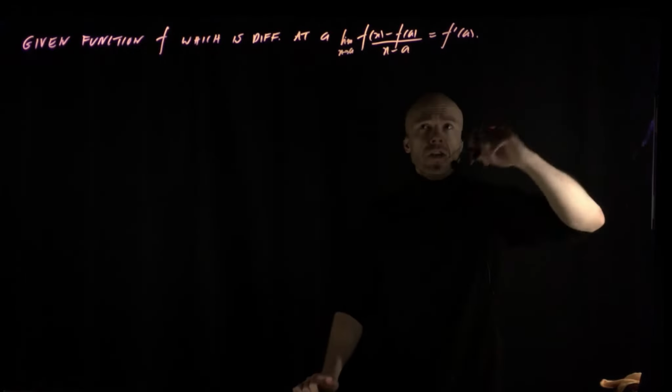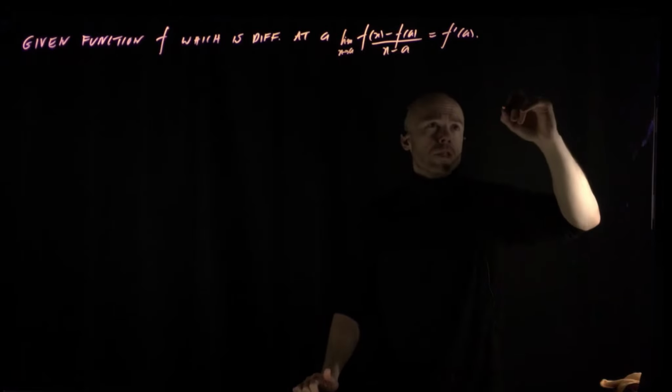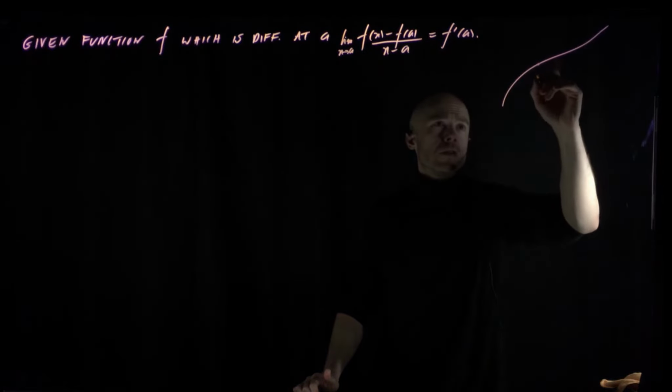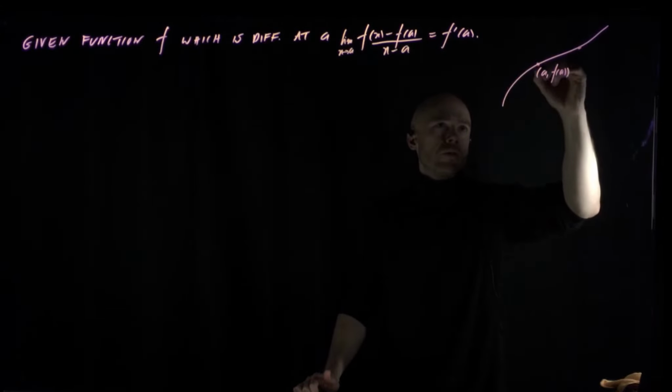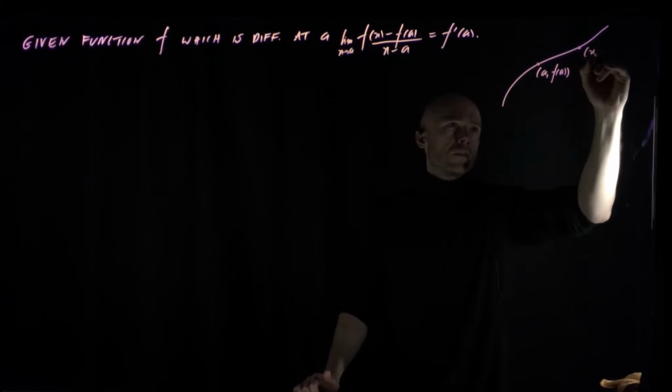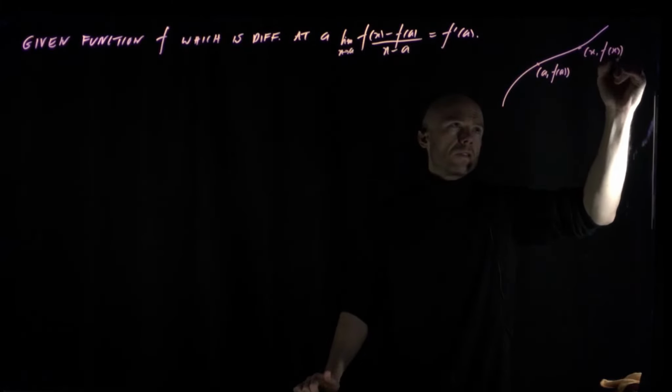And of course, every time you see this, I want you to think of the picture. Here is the graph of our function. Here is a, f of a. Here is another point close by, x, f of x.